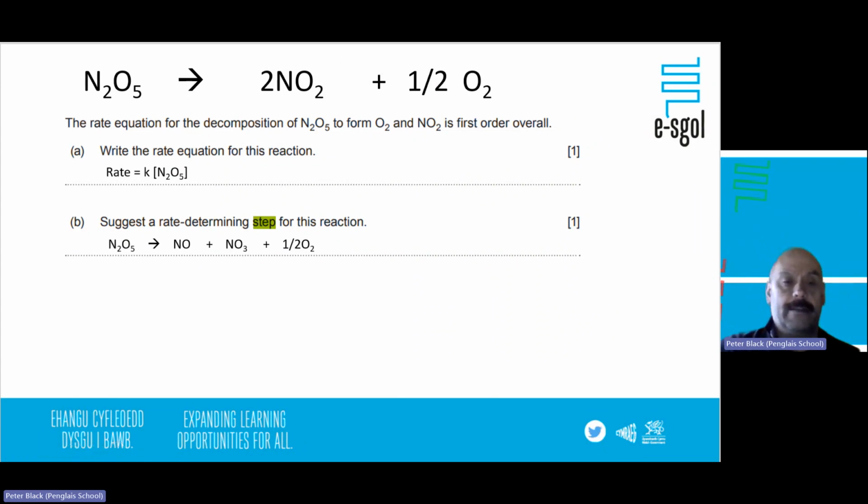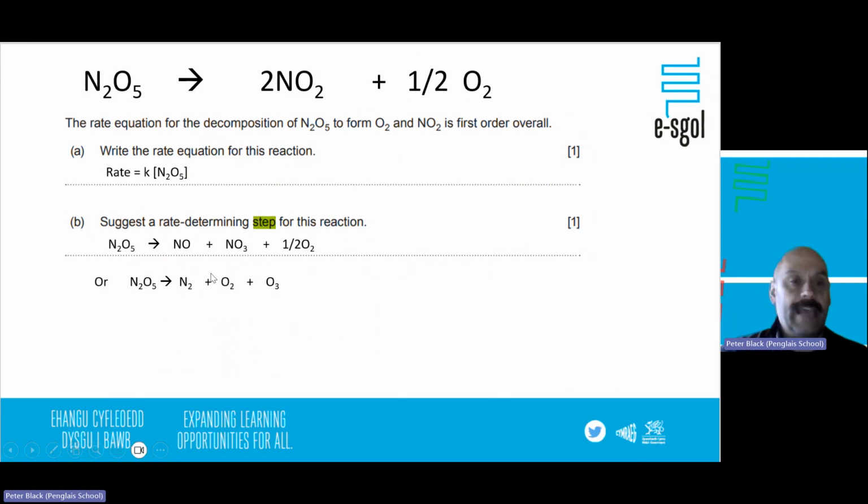And then on the right hand side, I used to say to my students, just write intermediate, and they'll let you off with that. The last time I saw this kind of question, they didn't let you off with that. You had to actually put something sensible on the right hand side. And by sensible, it literally has to balance to the left hand side. What I mean is I've got to have 2 nitrogens and 5 oxygens, which is what I've done here. So that would be a sensible rate determining step.